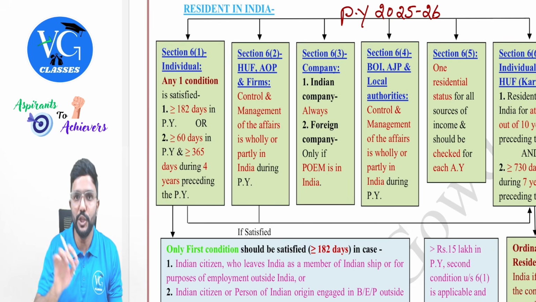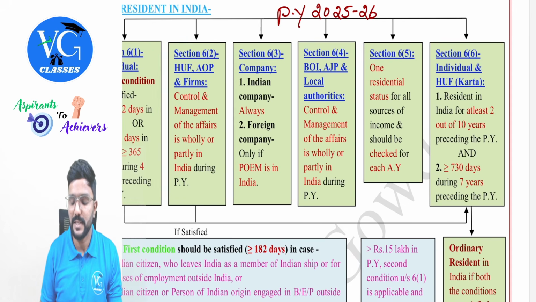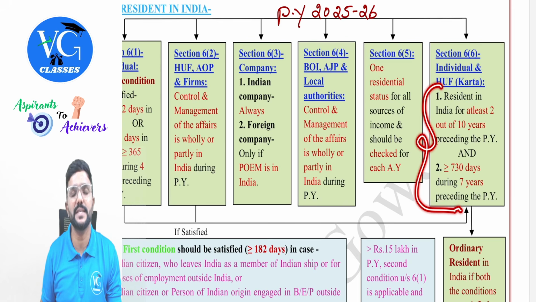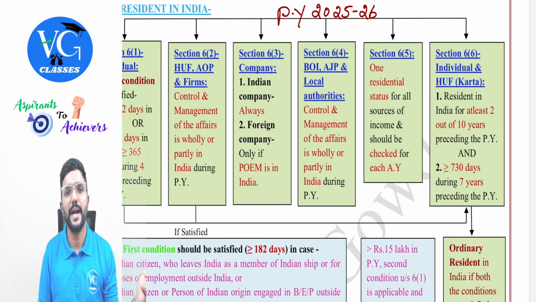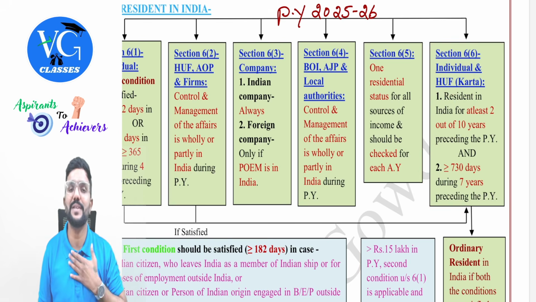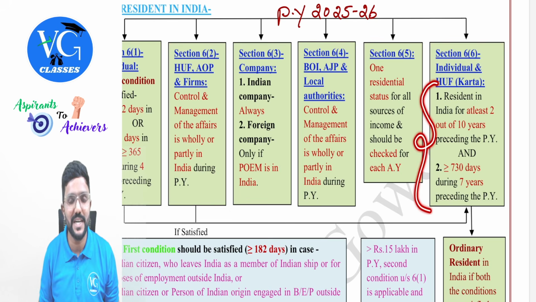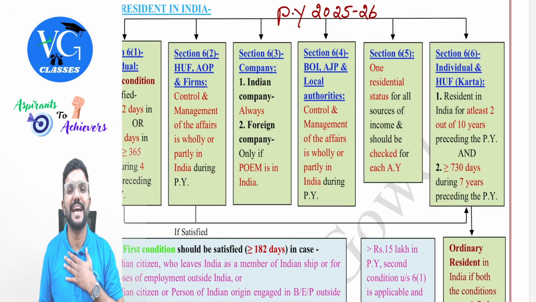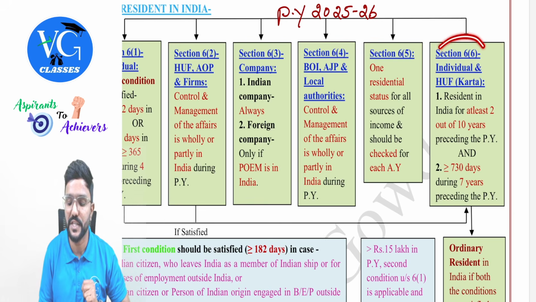Okay. Now for HUF, they will check if Karta satisfies both the conditions given under section 6.6, then HUF will be ordinary resident. Yes. I told that in the past, I was completely in India. So that means I would have satisfied both these conditions. So for HUF, Karta has satisfied both the conditions given under section 6.6.